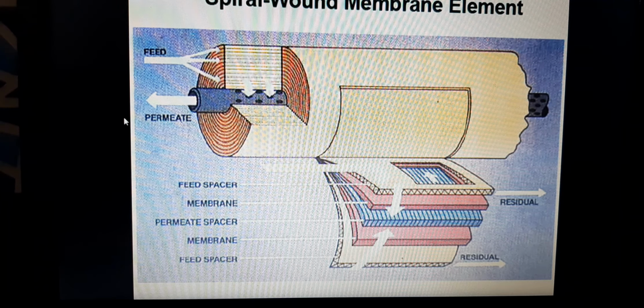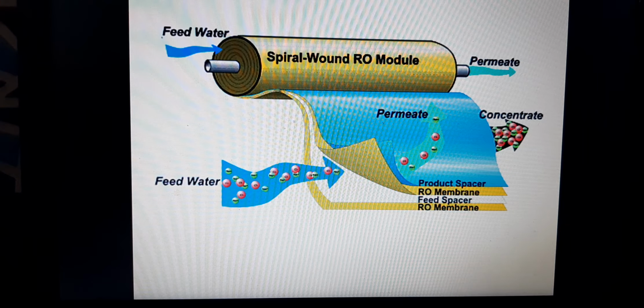This is the spiral wound membrane. As I said, this is the pipe type, and in this pipe type the spiral wound membrane element is wound. Plenty of membranes are used in these pipes. A feed spacer, membrane, and permeate spacer are used in this particular spiral wound. This is the structure: this is the incoming water.